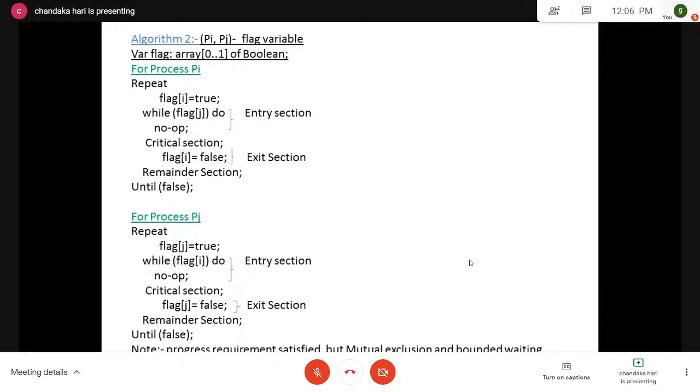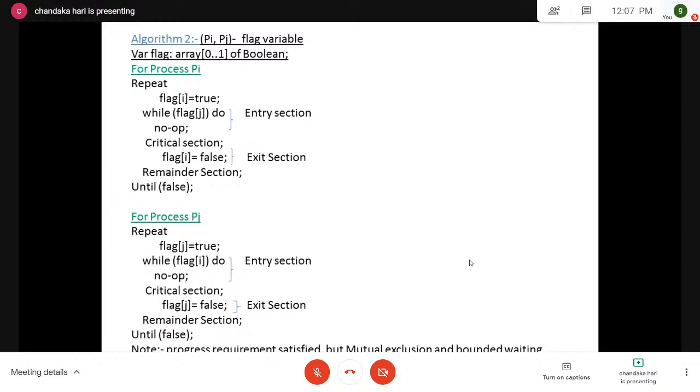Understood? I'm process PA making this flag true and checking whether process PJ has already set its flag true before me. In case it has, that process is allowed first and I am second. I am giving first priority to the processes that are trying to enter into critical section.